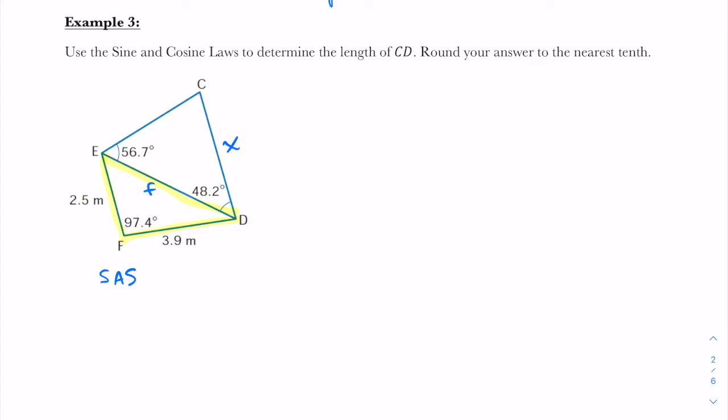So the cosine law is as follows. f squared equals d squared plus e squared, take away 2 times d times e multiplied by the cosine of angle F. Now we solve for f, so I'm going to do this in one shot. We take the square root of both sides.